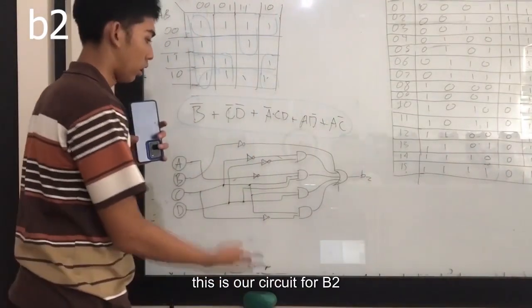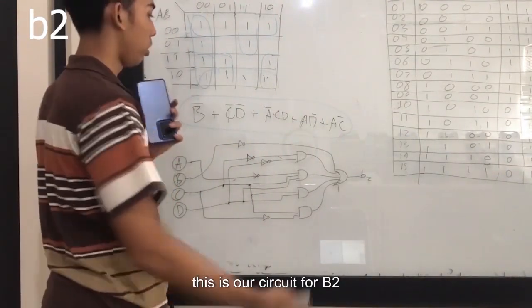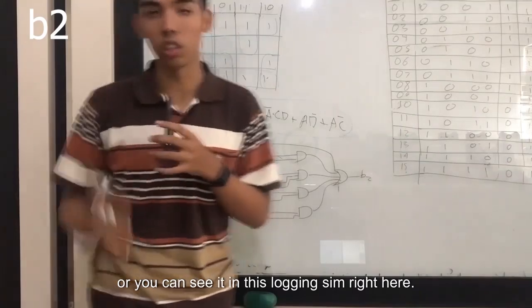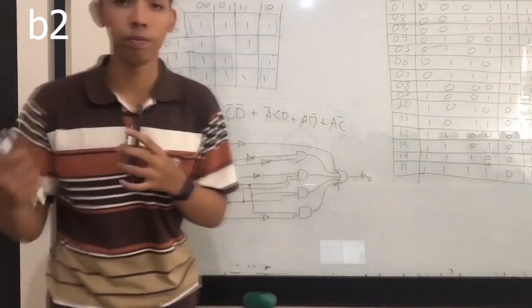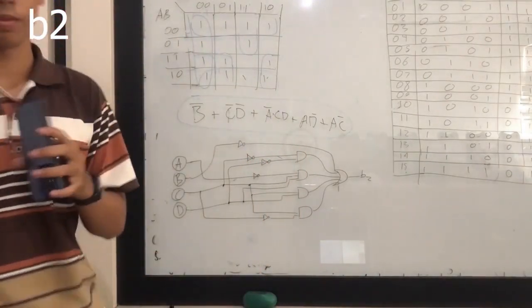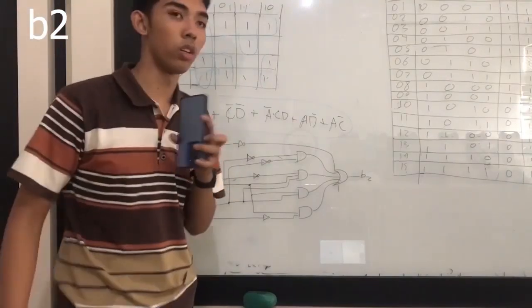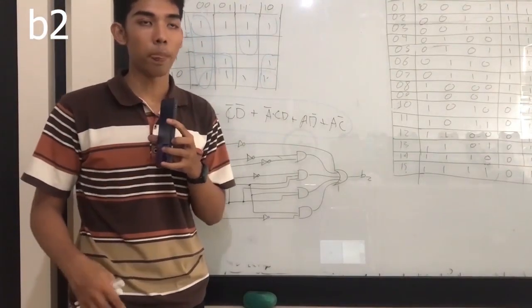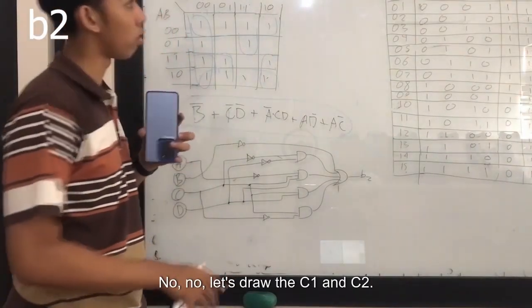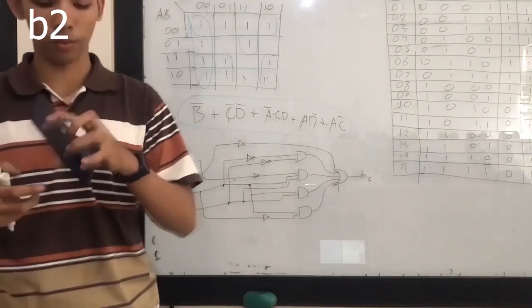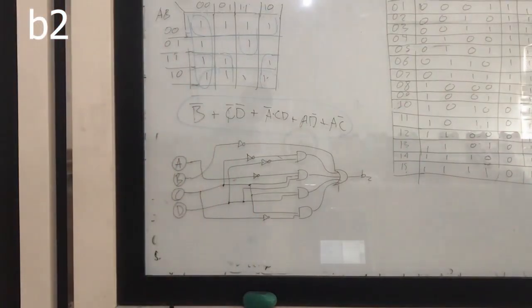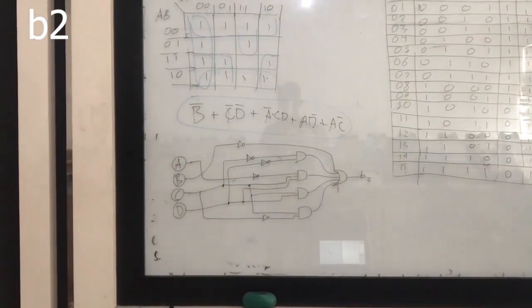Okay, this is our circuit for B2, or you can see it in this Logisim right here. Okay, now let's draw the C1 and C2.